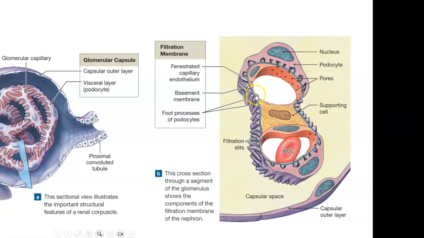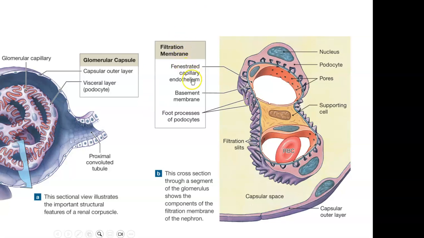So it's the podocytes that wrap around the capillaries and form the filtration slits. And then the capillaries themselves have pores. So that is where the blood is filtered through. It's called the filtration membrane.